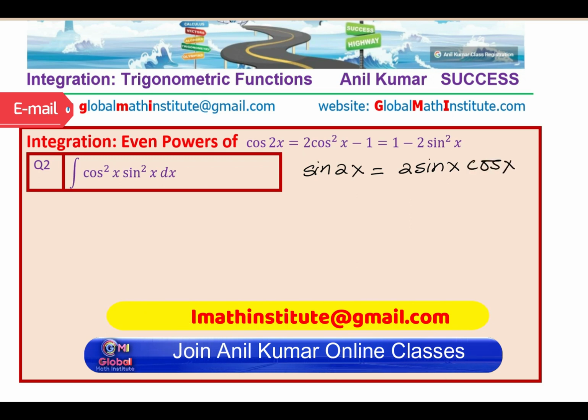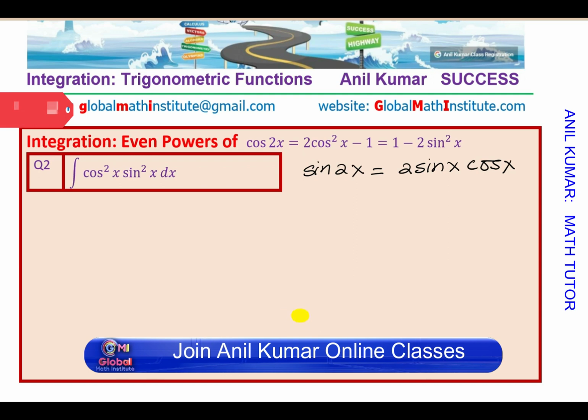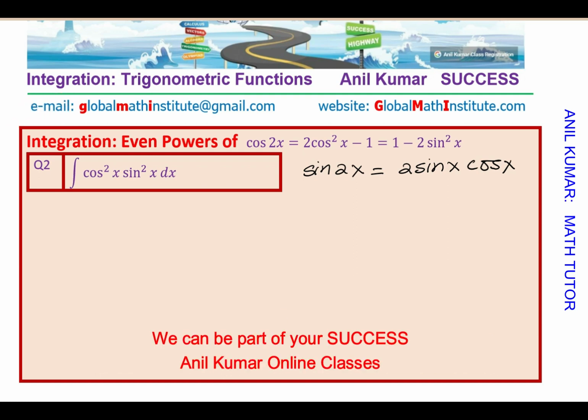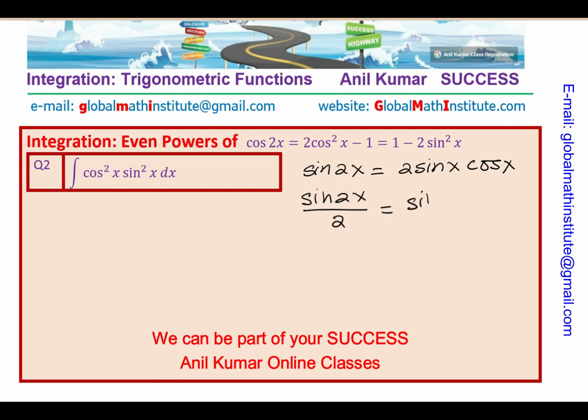Perfect. That can help us find a simplified form of this integral. So you can also write this as sine 2x, half of this is equal to sine x cos x.